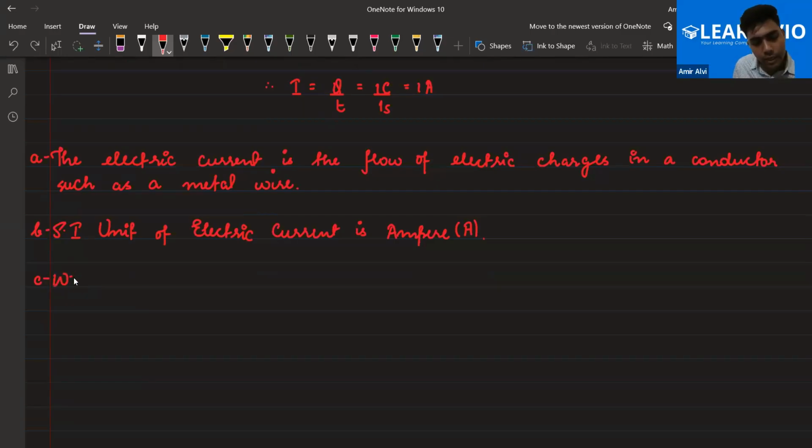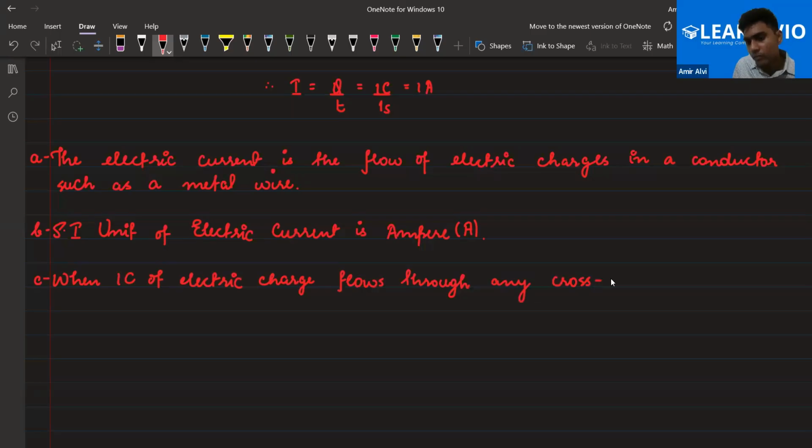Just like we have defined 1 volt. 1 ampere, sorry, not 1 ampere, 1 coulomb of electric charge flows through a cross section of a conductor in 1 second.